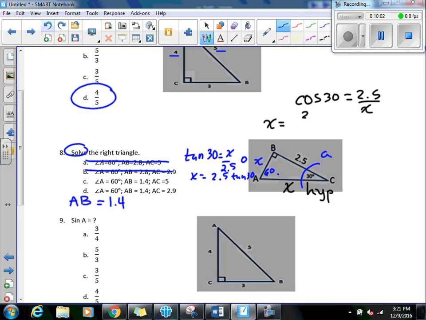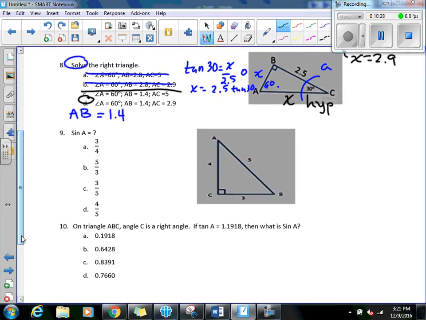So x equals 2.5 divided by the cosine of 30 degrees. All right, so 2.5 divided by the cosine of 30 degrees equals 2.88 or 2.9. All right, so it looks like I can eliminate C, and my correct answer is D.